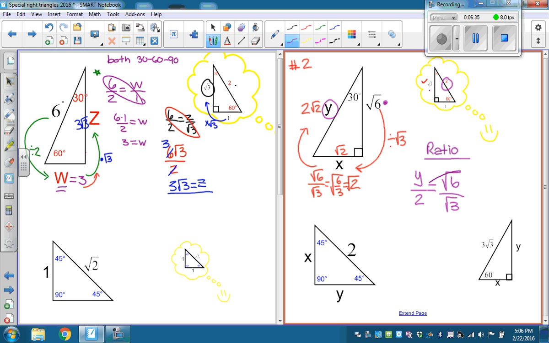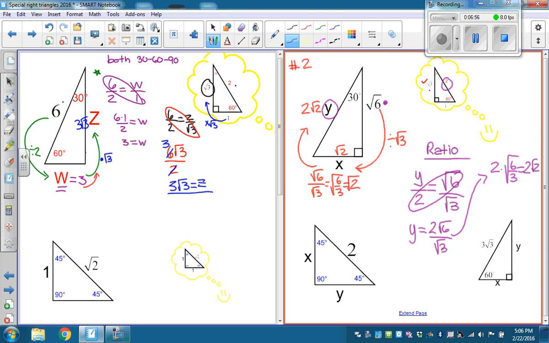So when I cross multiply and divide by what's left over, I get y is equal to 2 times the square root of 6 over the square root of 3. And that's 2 times the square root of 6 divided by 3, so that's 2 square roots of 2.